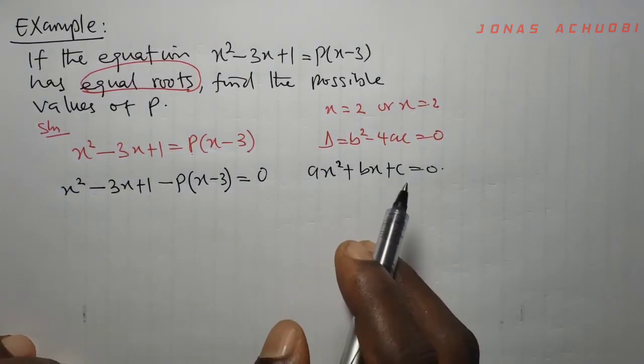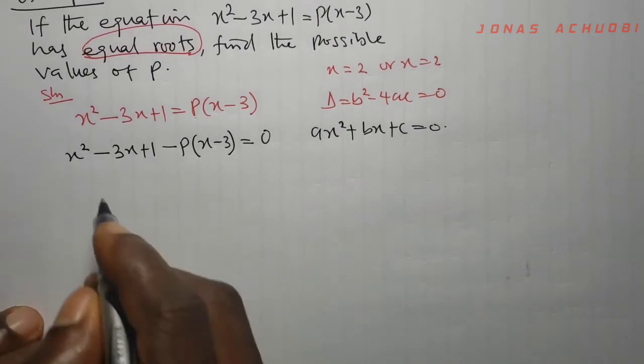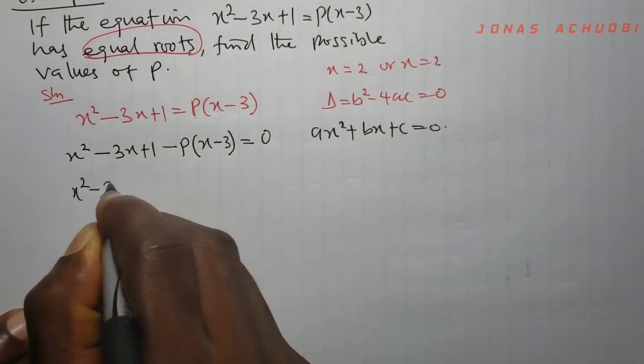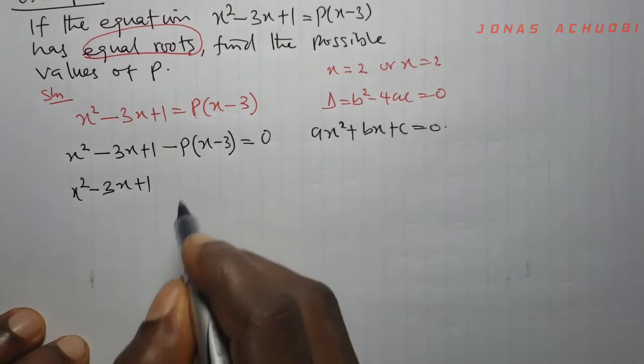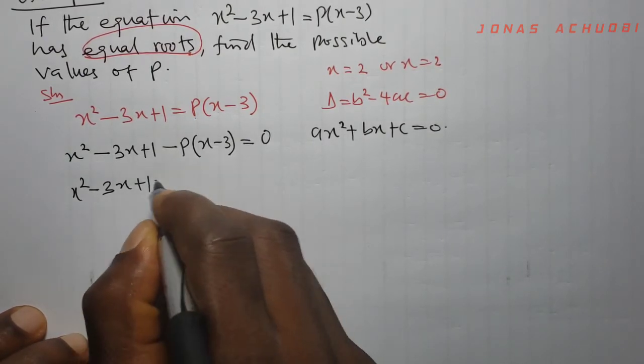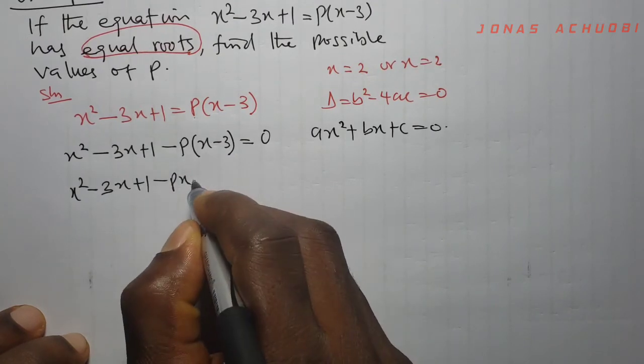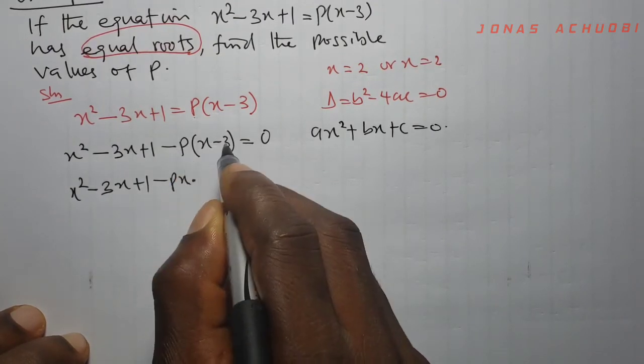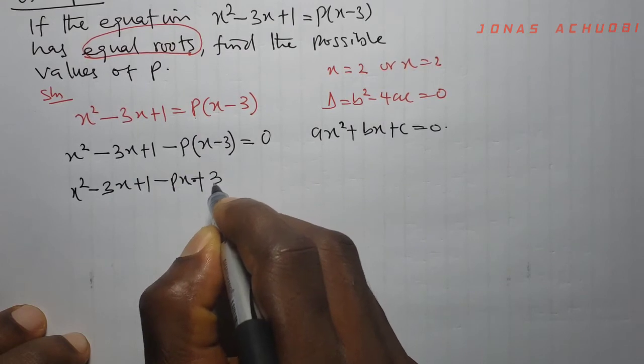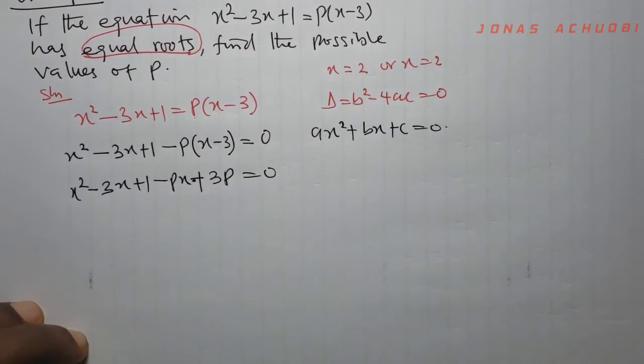So we'll open up the brackets and take like terms. This becomes x squared minus 3x plus 1. So minus p times x is minus px. Minus p times minus 3 is plus 3p equal to 0.